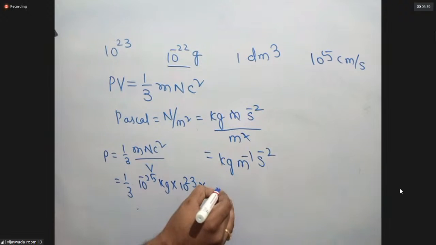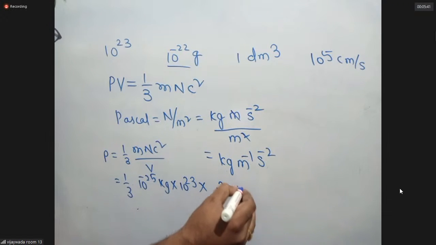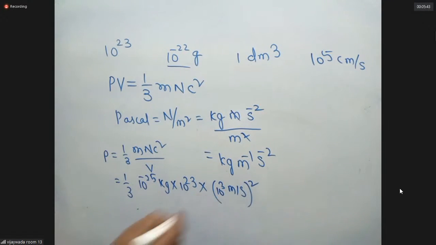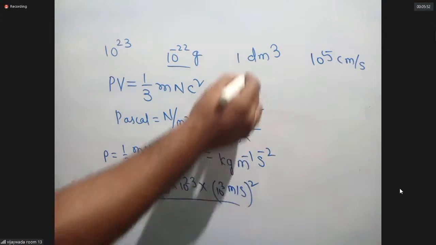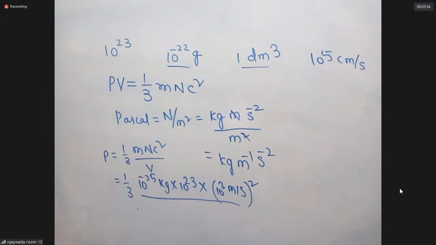So it will be 10 cube meter per second whole square, because 10 to the power of 5 into 10 to the power of minus 2 is 10 cube. Then volume, 1 decimeter cube, should be meter cube. 1 decimeter cube means 1 liter. 1 liter means how many meter cube? 10 to the power of minus 3 meter cube.